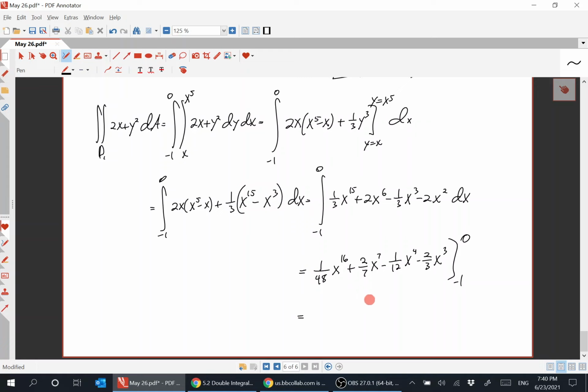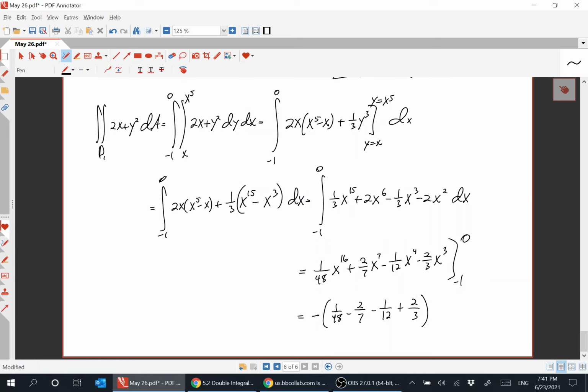So it's minus 1 over 48 minus 2 over 7 minus 1 over 12 plus 2 over 3, because these guys are odd and these two are even. So plus 1 over 48 minus 1 over 12 minus 2 over 7 plus 2 over 3.